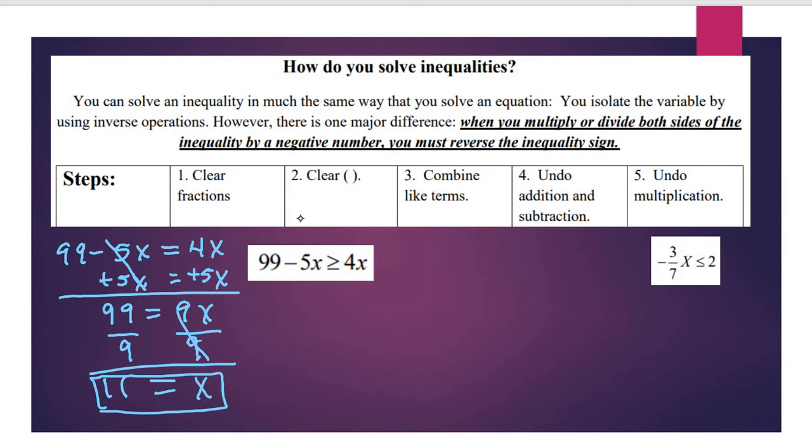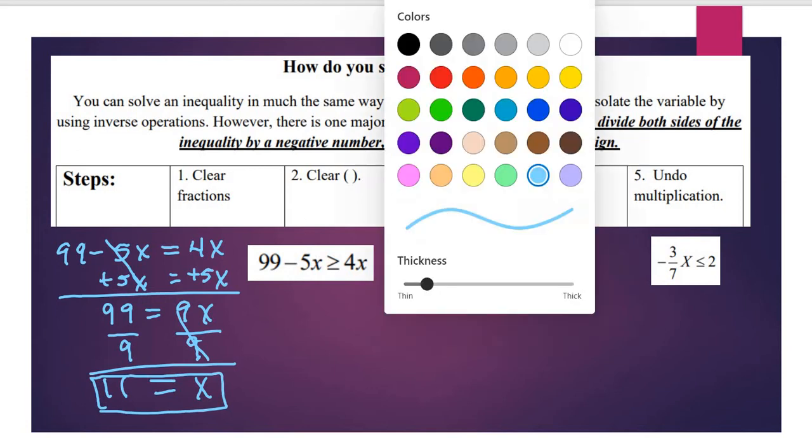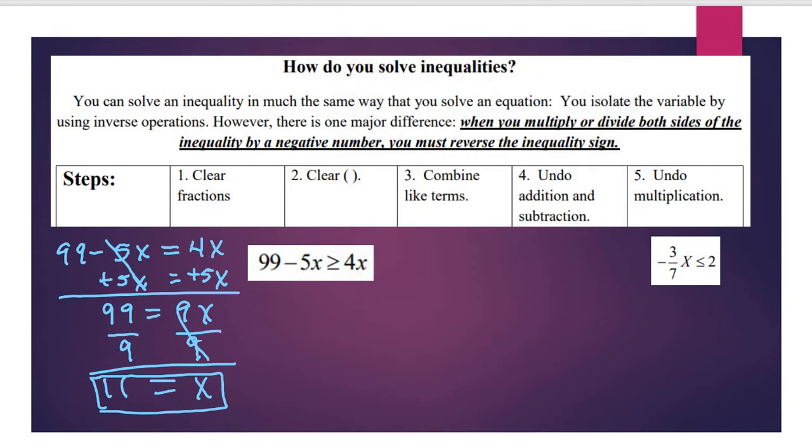Now, when I work this one right here with an inequality symbol, I'm going to work it the same way. This time, I'm going to say minus 4x because we want to get our variables over to the left-hand side. Oops, I canceled out the wrong ones. Now, notice on this first one that I worked out with the equals, it doesn't matter which side you put the variable on, but here it does.